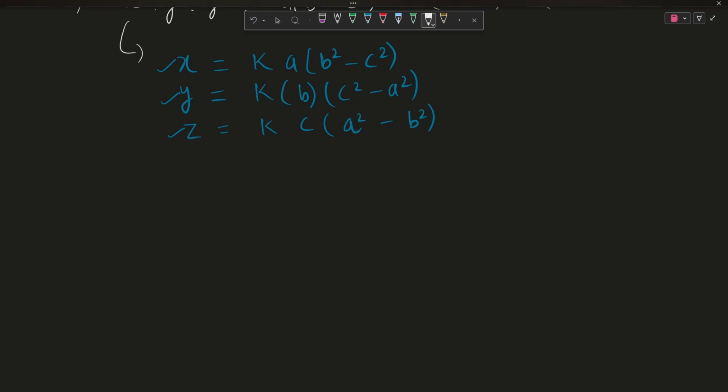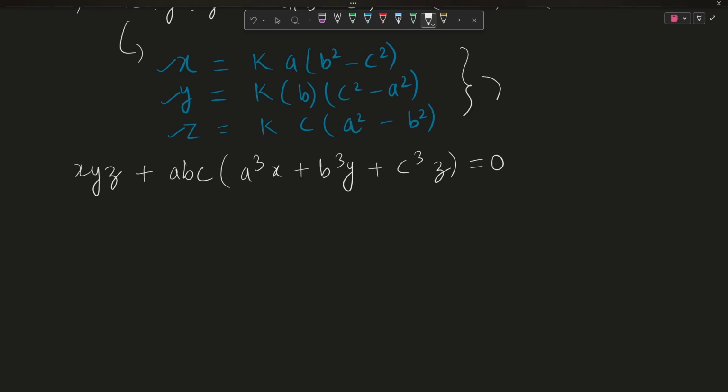The third equation was xyz plus abc into a cube x plus b cube y plus c cube z is equal to 0. So we will put all these values into this equation.